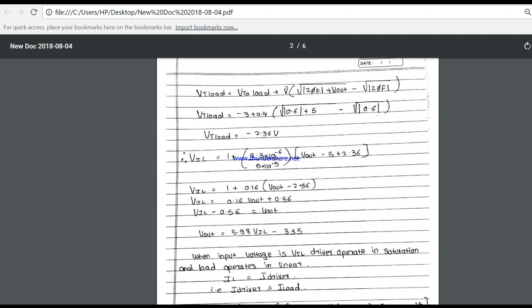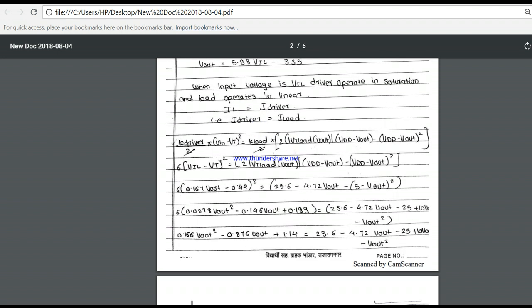Now when the input voltage is VIL, the driver is operating in saturation and the load is operating in the linear region. So we'll write I driver equals I load, that is K driver by 2 times (V in minus VT) squared equals K load by 2 times [2 times mod of VT load of V out times (VDD minus V out) minus (VDD minus V out) squared].